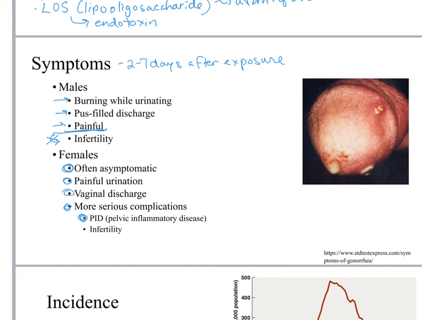That's how we describe pelvic inflammatory disease, or PID. Now, there are other infections that can cause that, like chlamydia as well. But again, this can lead to some scarring of fallopian tubes, which can lead to infertility or an ectopic pregnancy. So some pretty serious complications, and we want to get this treated.